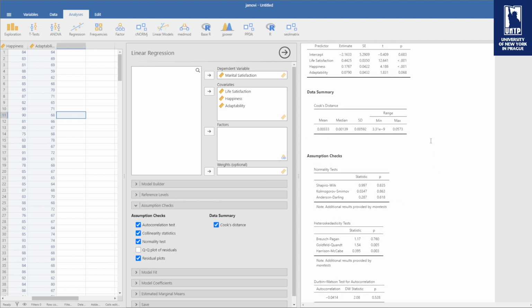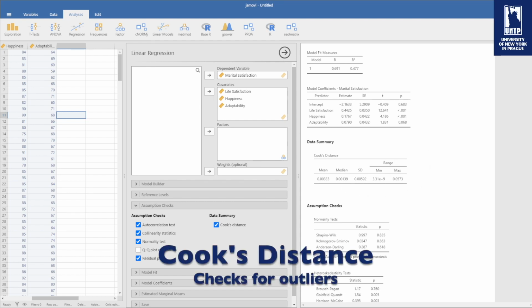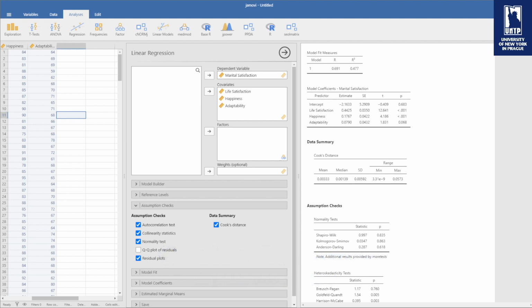So first of all, we have Cook's distance. Cook's distance is basically displaying whether in our dataset there are a certain amount, or if any, outliers. In order to meet this assumption, we should check the maximum number on the range, and this should be less than 1.